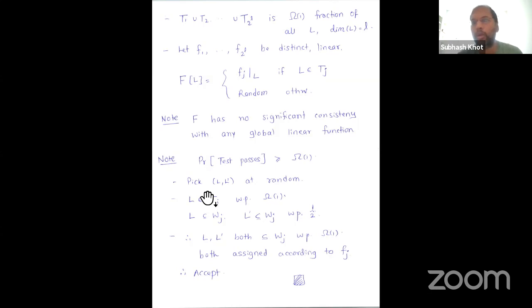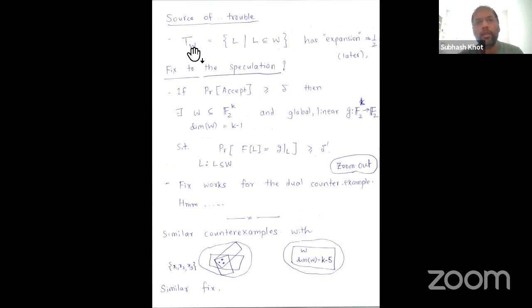So this is also a counterexample, a dual counterexample. And here the source of trouble are these sets, let's call them T sub W: for a hyperplane W, it consists of all spaces L which are completely contained inside W. These are also going to have expansion 1/2 in the Grassmann graph, which we'll come to later.